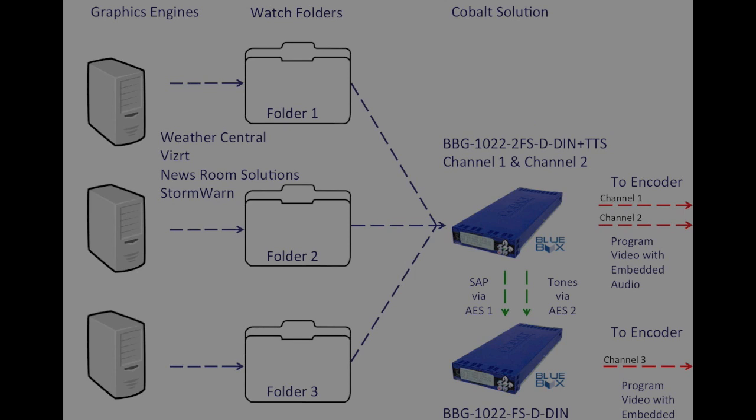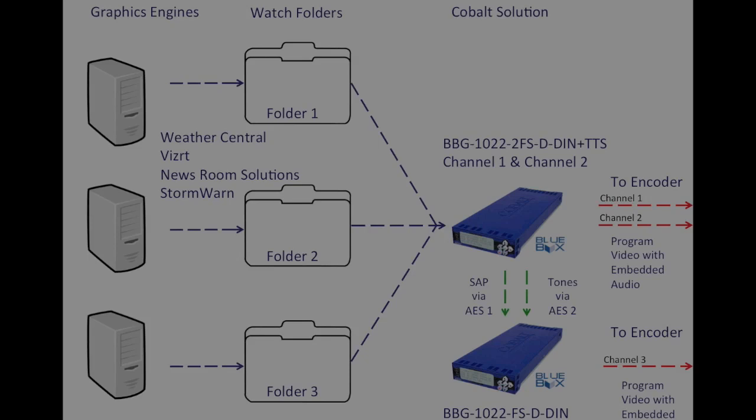The overall workflow is that we'll have a number of different graphics engines, and these could be Weather Central, VizRT, Newsroom Solutions, Stormwarn, and these different graphics engines will publish their key information into various watch folders. Each graphics engine will have its own dedicated watch folder.